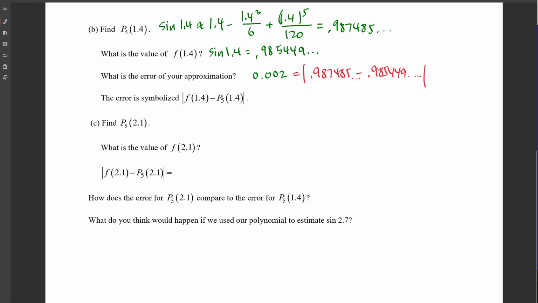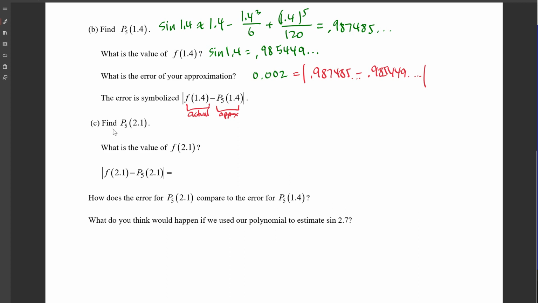So the error is symbolized by this expression here. And doesn't that make sense? This right here is the actual value of sine 1.4, and this is the approximate value of sine 1.4. So make sure you know this notation, because sometimes on the AP test, they won't ask you for the error. Instead, they'll just ask you for this expression, and you need to know that this expression is really just the error.